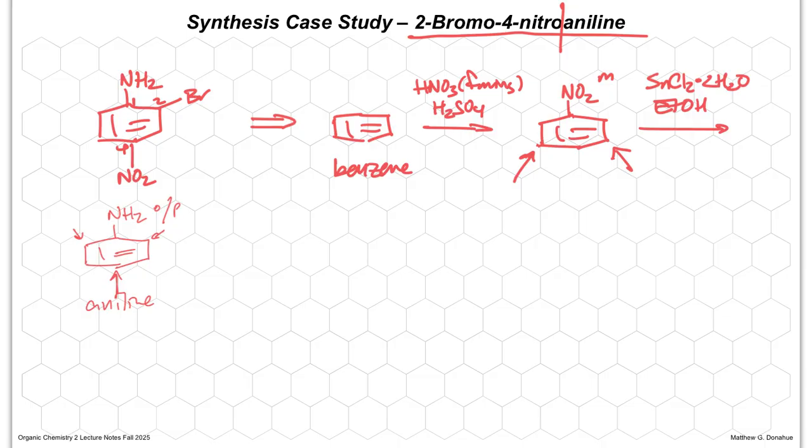So we know para to that amino group is the nitro, so now we'll do a nitration. We'll assume that the para isomer is the major.